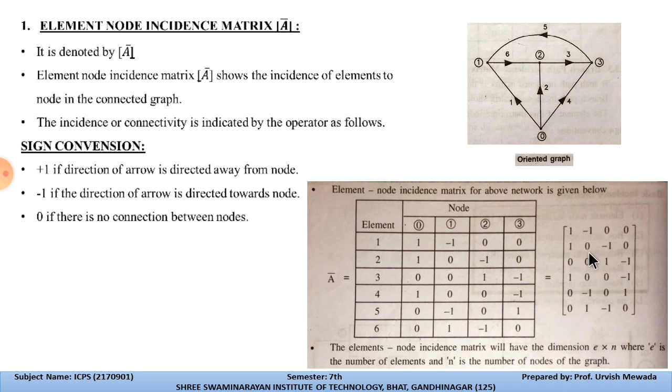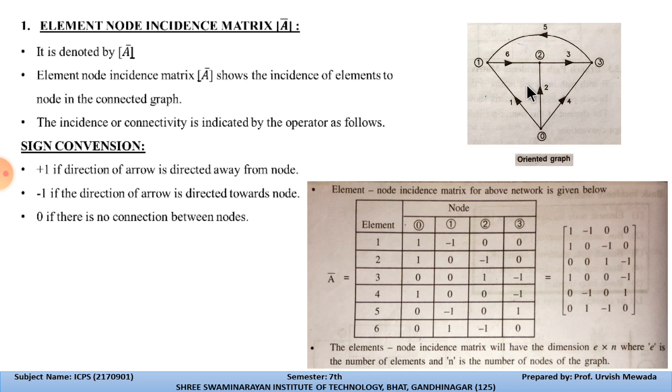So this is a 6 by 4 matrix. We can form the element node incidence matrix with the help of this network. So this is the element node incidence matrix, by which we can check the meeting of elements on a particular node.